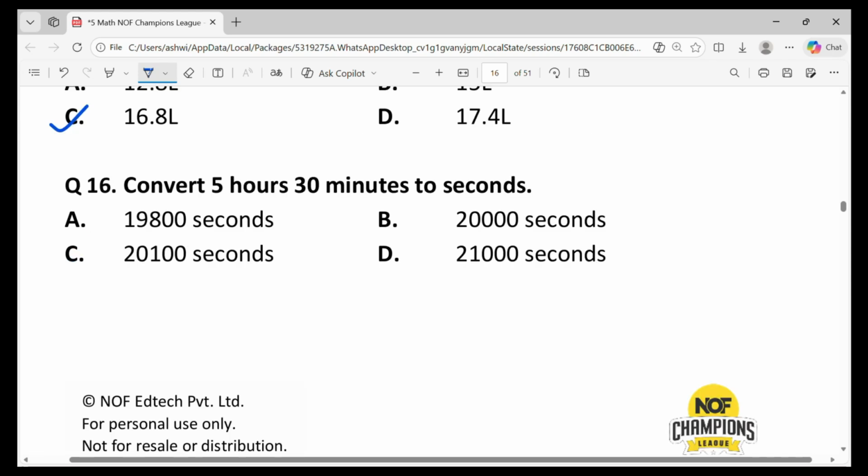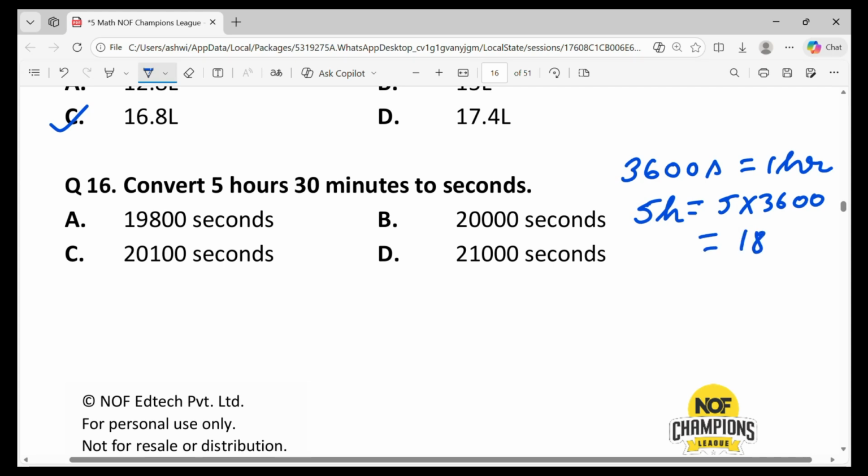Question 16. Convert 5 hours 30 minutes into seconds. There are 3600 seconds in an hour. So 5 hours will be equal to 5 into 3600 seconds, that is equal to 18000 seconds. 1 minute is 60 seconds.